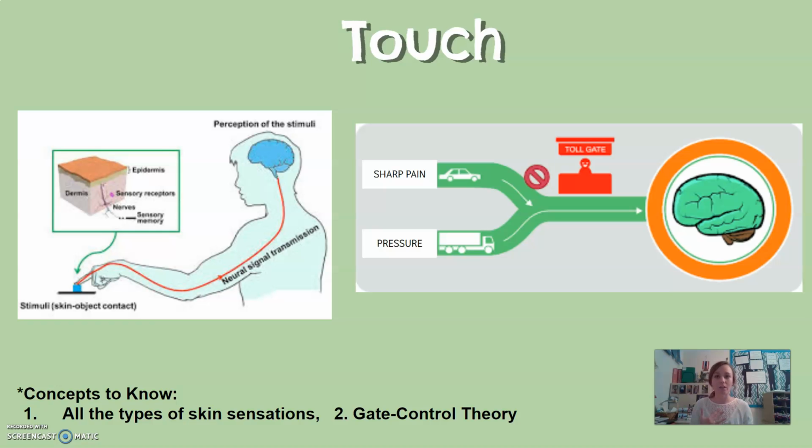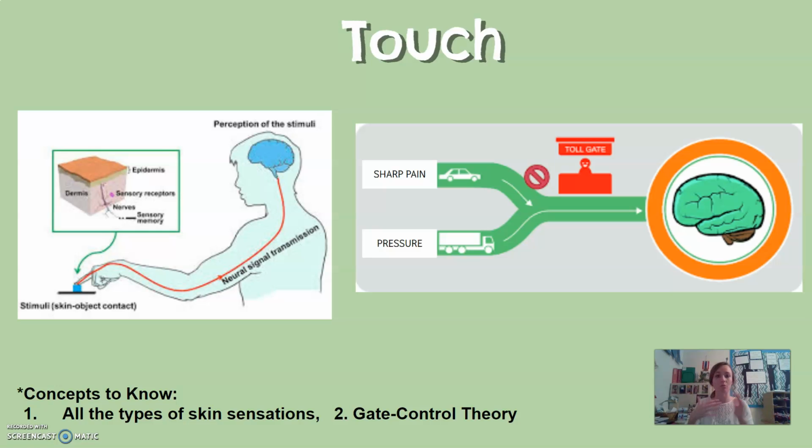The gate control theory is simply that a non-painful input or a non-painful stimulus like pressure or temperature will go first through the nerve to the brain, and it's as if it closes the gate to the painful input. So that pain sensation is slower or blocked from reaching the nervous system.